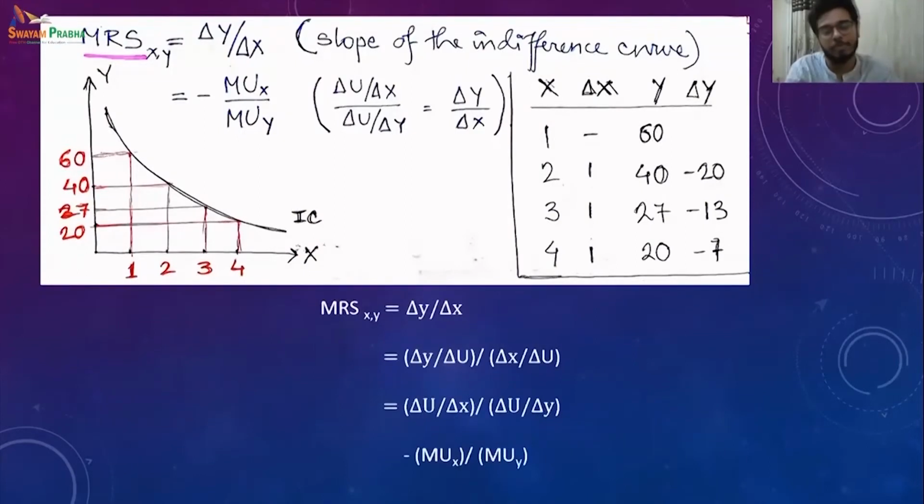So again, coming back to marginal rate of substitution, it is nothing but the slope of the indifference curve, right?